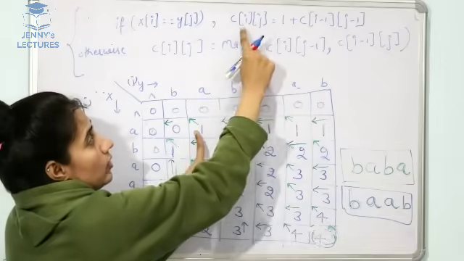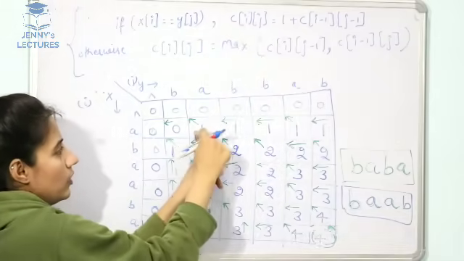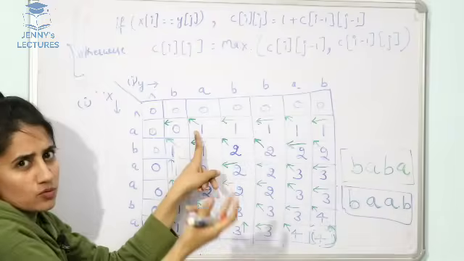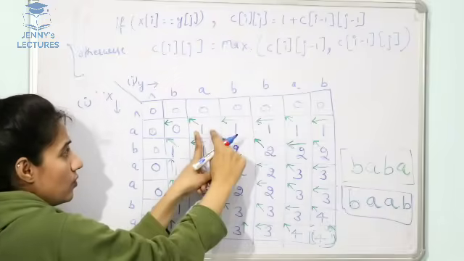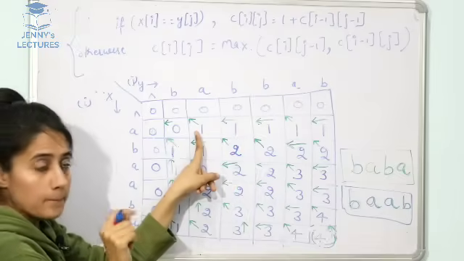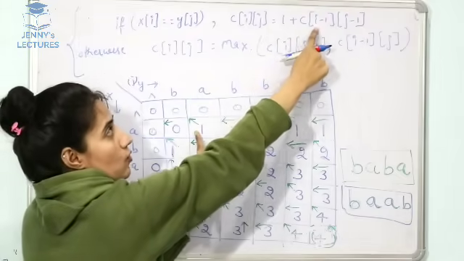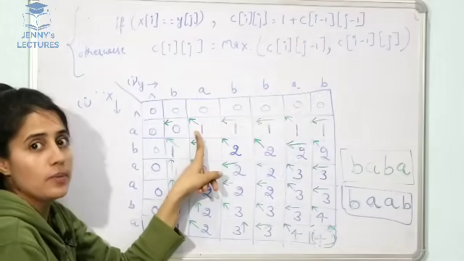Then what have we taken? See, this one is cost of i j, or you can say whatever we have written here, 1, you can say this one is weight or cost. Then cost of i and j would be 1 plus diagonally upward, 1 plus c of i minus 1 and j minus 1.